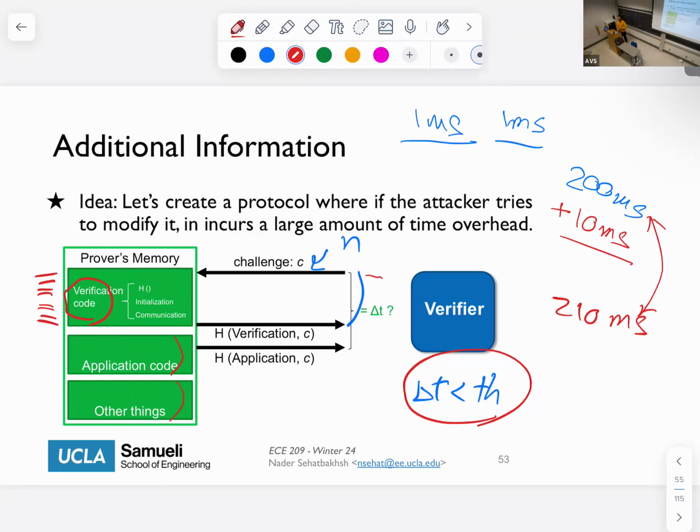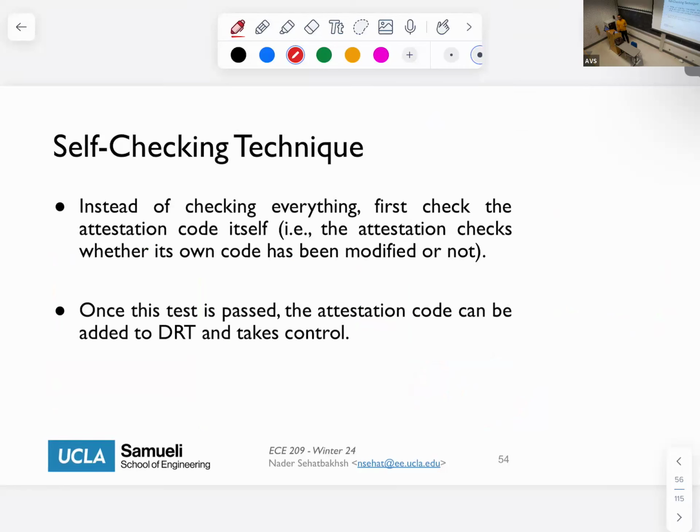Essentially, the idea is what we call a self-checking code: instead of checking everything, we check ourselves first. In other words, the verification code checks itself first, and then sends the hash of itself. So this is the piece of code that goes through its own content of memory and computes the hash.